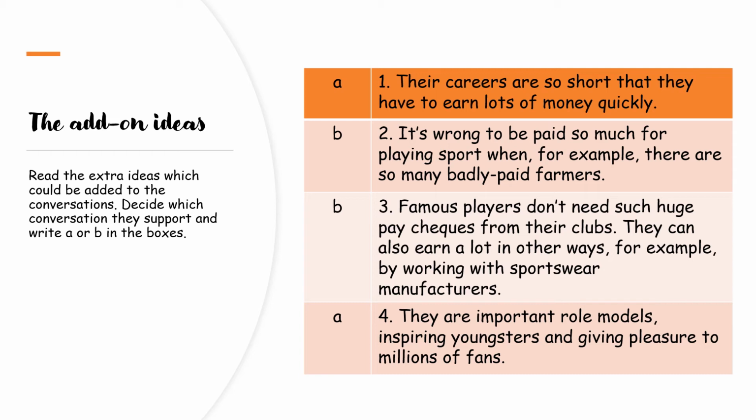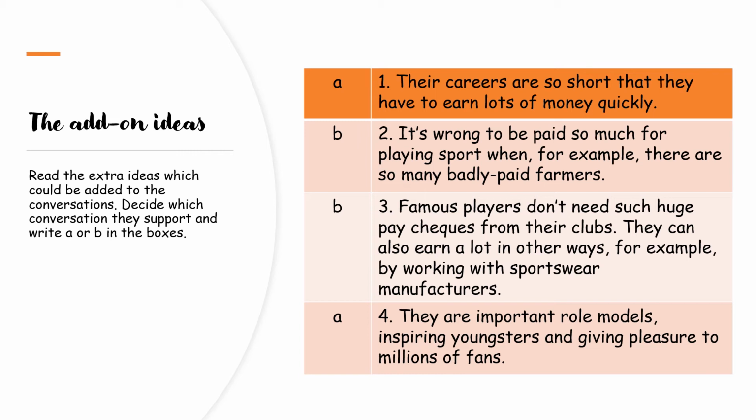Now let's look at number 2. It's wrong to be paid so much for playing sport when, for example, there are so many badly paid farmers. So obviously, this supports conversation B. Let's look at number 3. Famous players don't need such huge paychecks from their clubs.